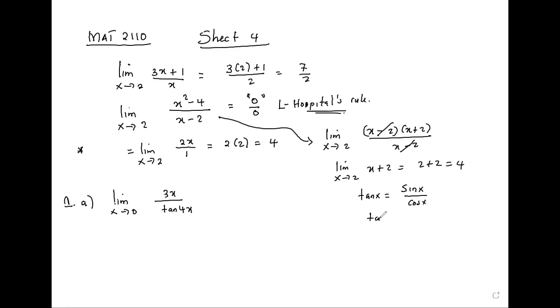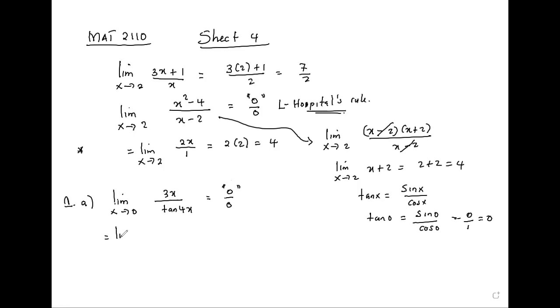So when you say tan 0, we actually mean sin 0 over cos 0, which will be 0 over 1, which is 0. So this is going to be 0 over 0. So if it is 0 over 0, then we can use the rule.